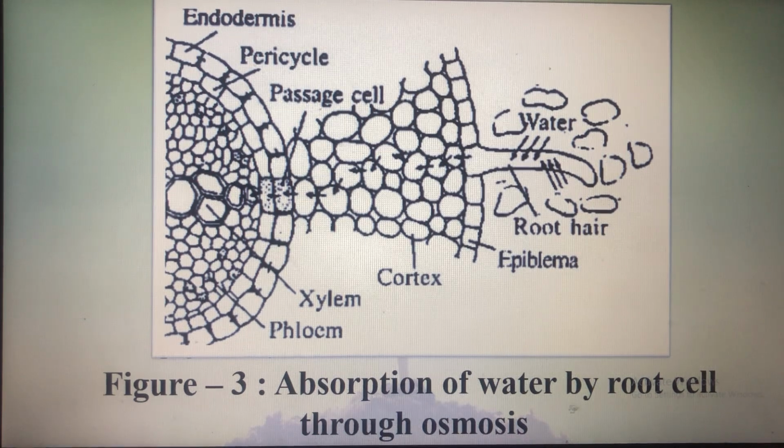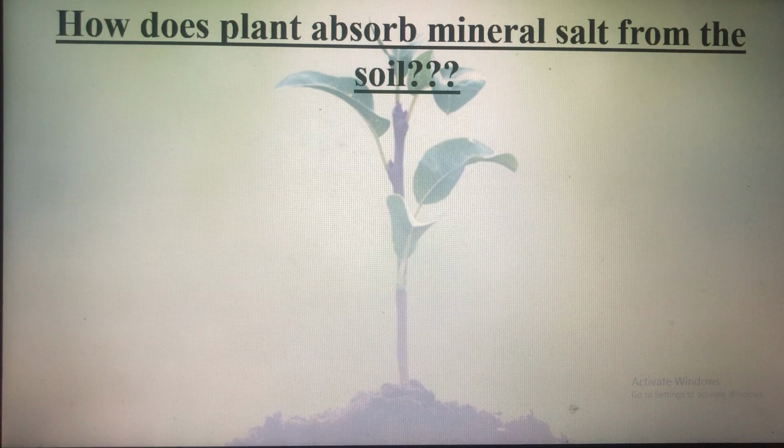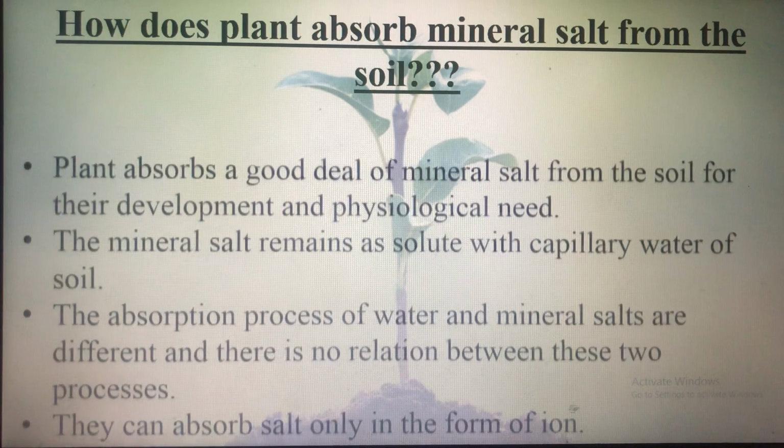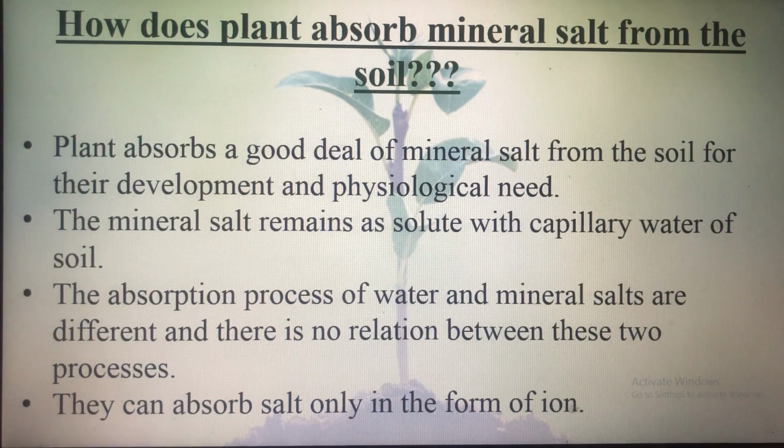the photosynthesis. Next, we're going to discuss the absorption of mineral salt from the soil and how the plant does that. The plant absorbs a good deal of mineral salt from the soil for development and physiological needs.